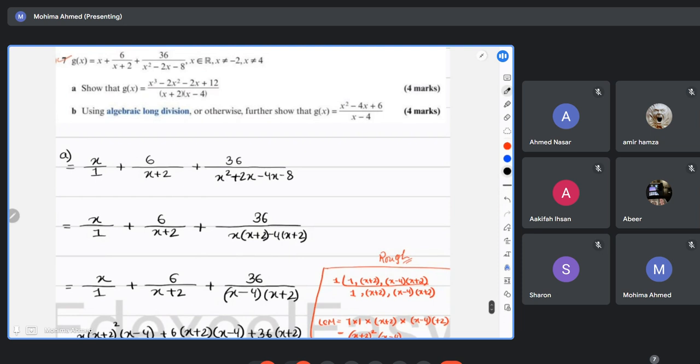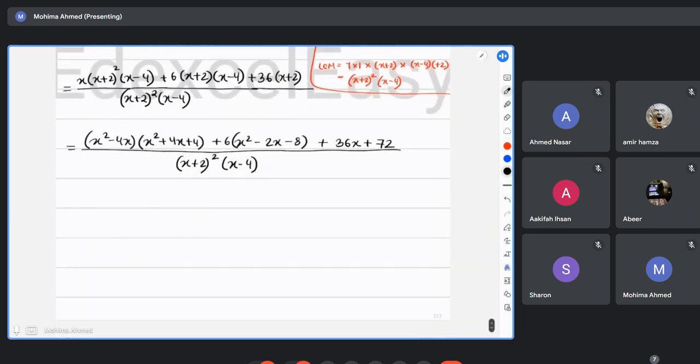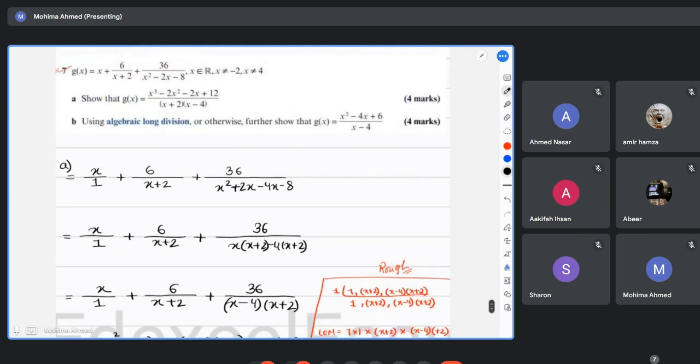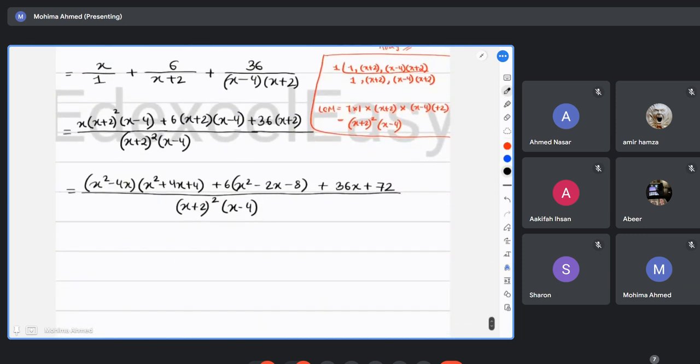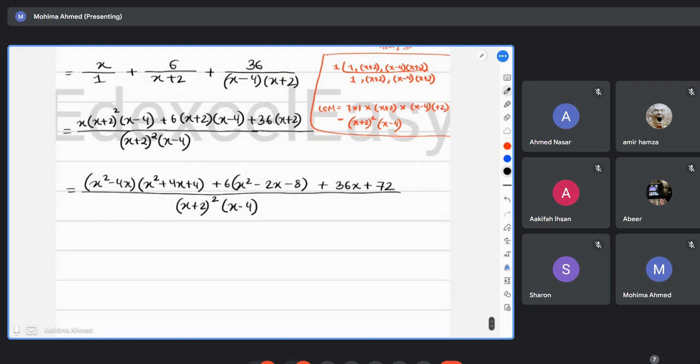I think I have to simplify it further. Okay, in that case, do I have x power 4? It's x squared, then x power 4.